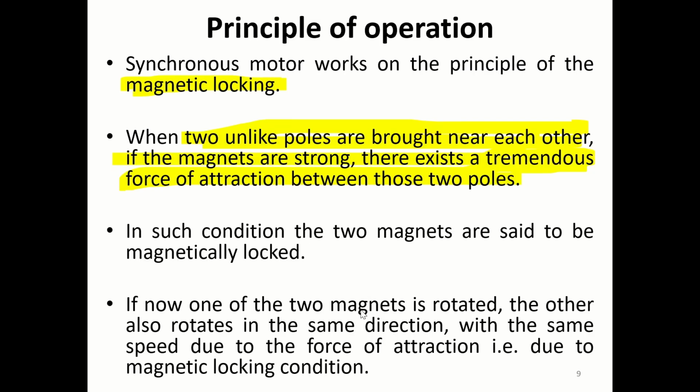Next, the principle of operation. The synchronous motor works on the principle of magnetic locking. The stator has a rotating magnetic field and the rotor has a constant magnetic field. When unlike poles are brought close to each other, if the magnets are strong, there will be a tremendous force of attraction between them.